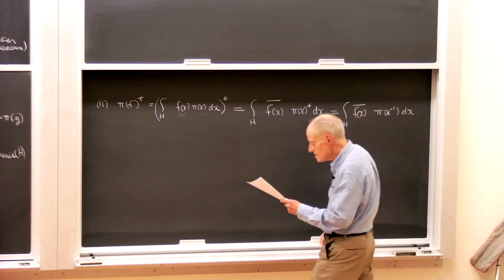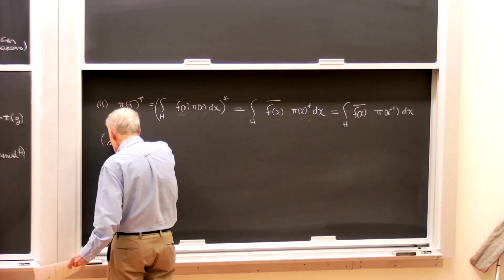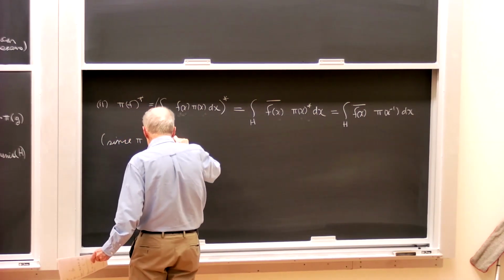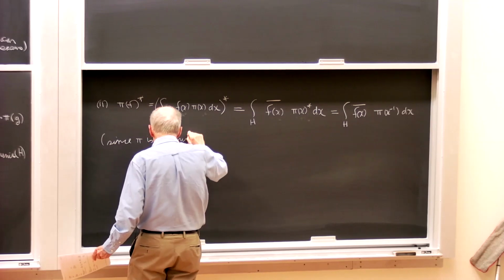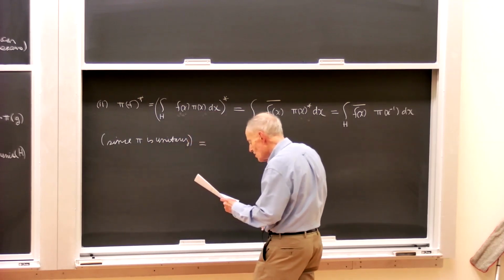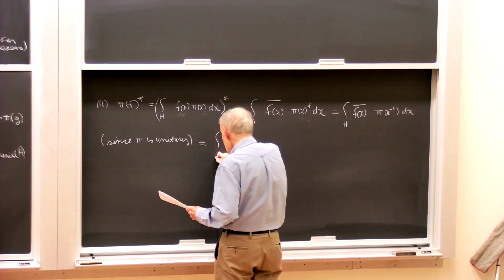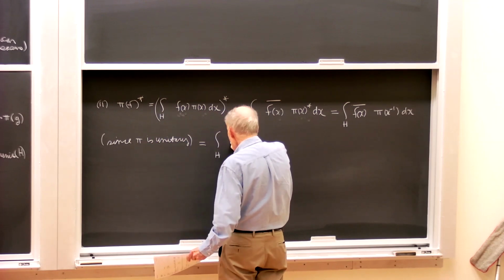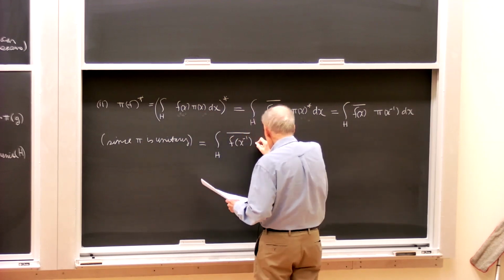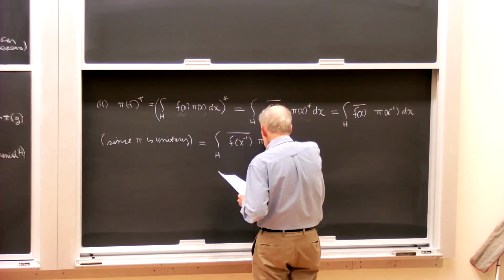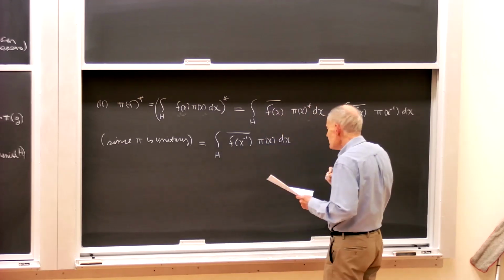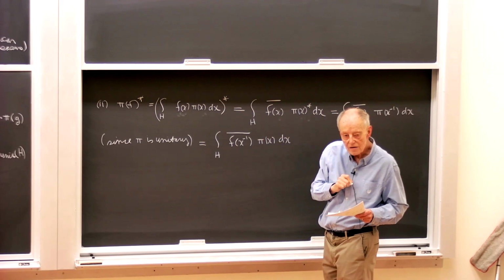And since pi is unitary, all right, so that's equal to the integral over h of f of x to the minus 1 bar pi of x dx. That's a property of unimodular groups.